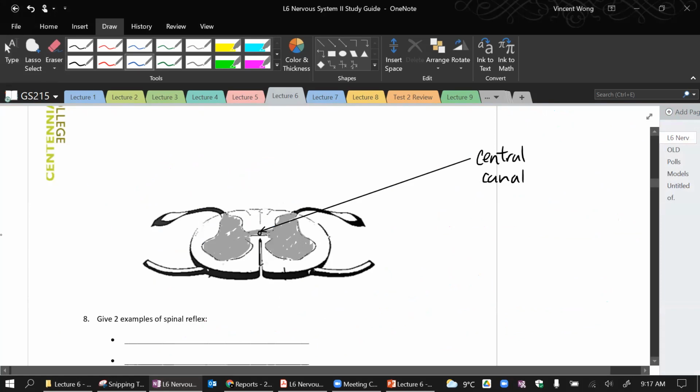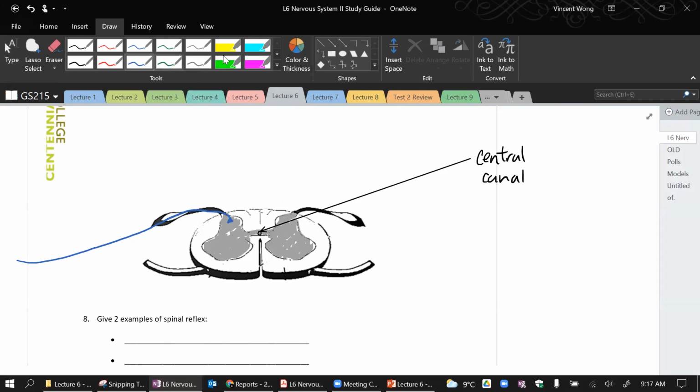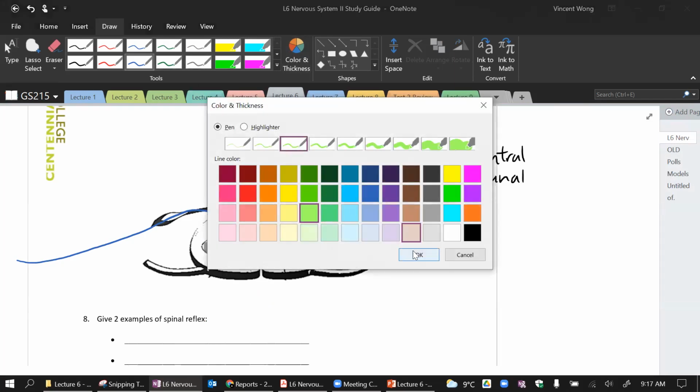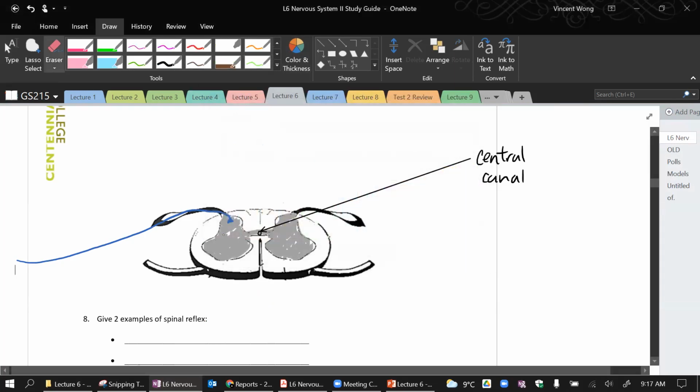You will see that your hand touched something hot, and then your sensory neuron is going to actually go in through the back of the spinal cord. And then inside the gray matter of the spinal cord, it is going to make a connection with the interneuron. That's going to decide what to do with that information, and then it's going to get sent out at the front.